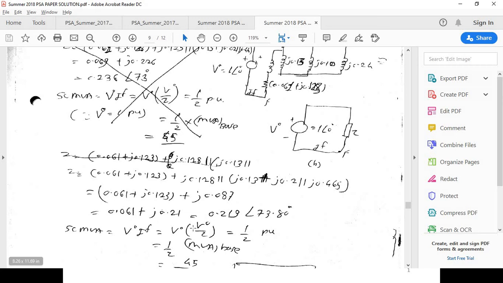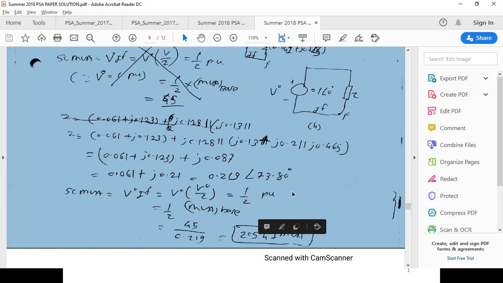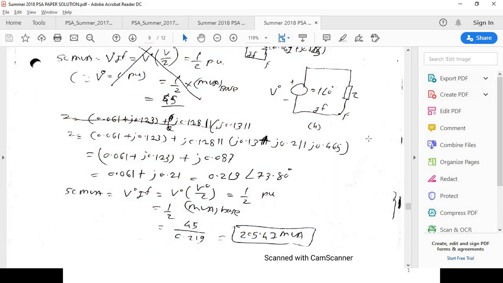So V0 is 1, hence V0 times IF is 1 upon Z. Multiplying by the MVA base, 45 upon 0.219, we get 205.47 MVA. The MVA base is multiplied because 1 upon Z gives the short circuit power in per unit form; to convert it into the actual value, we multiply by the MVA base. So it is 205.47 MVA.